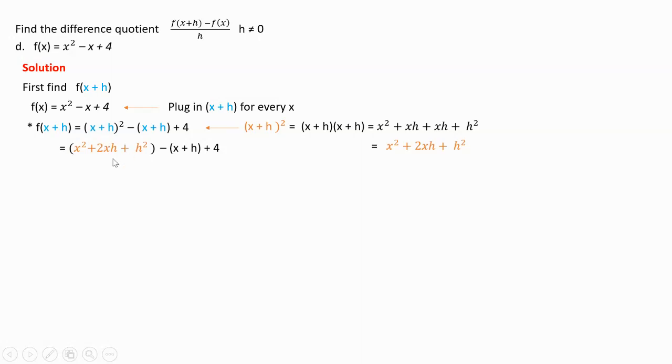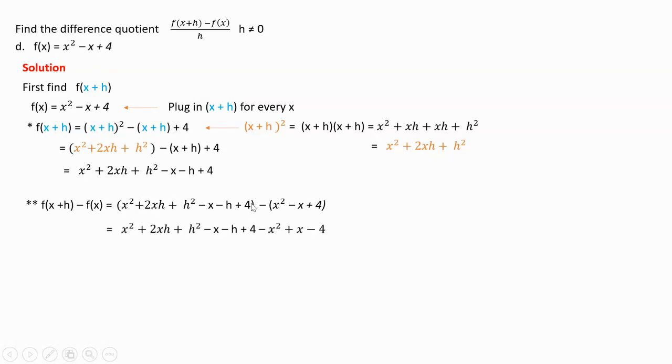So I'm just copying what I did on the previous one, and it was x squared plus 2xh plus h squared minus x minus h plus 4. This is my f of x plus h. Now, step 2. Like I said earlier, I'm going to operate on the numerator. So this is my f of x plus h minus f of x, where f of x is the original function, x squared minus x plus 4.